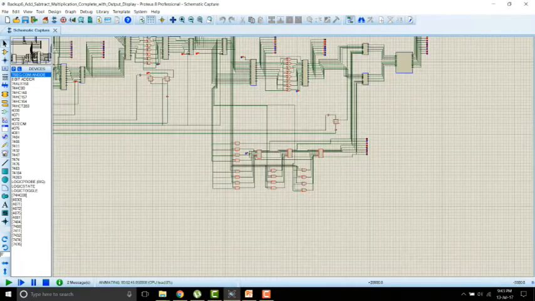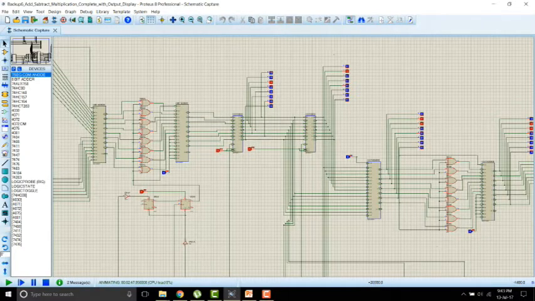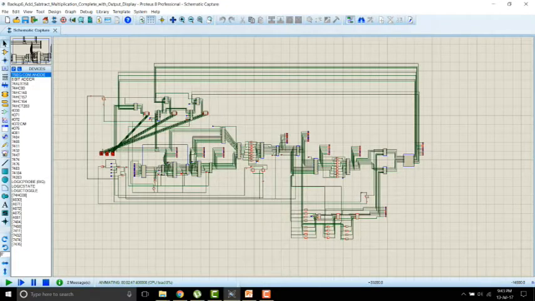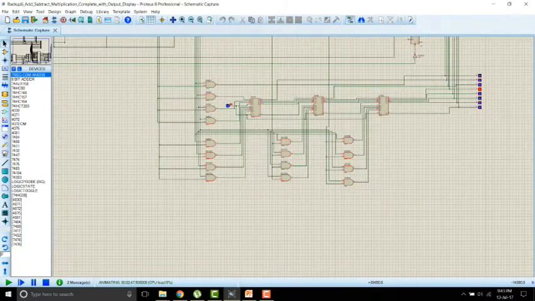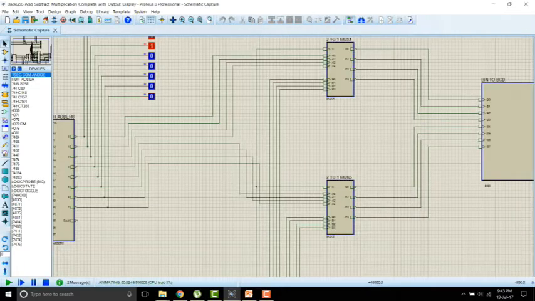We took the first 4 bits of these two inputs into our multiplication circuit, and then we used a mux to choose whether to show the multiplication output or the addition-subtraction output.